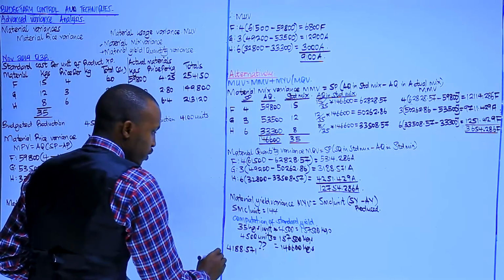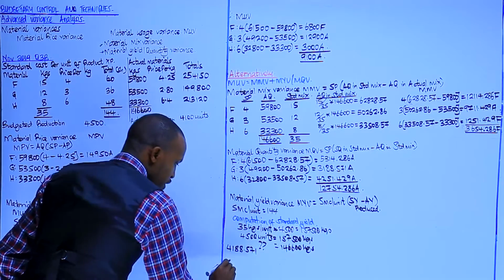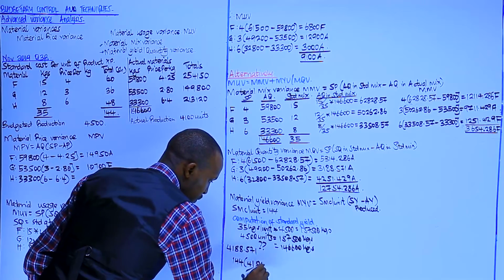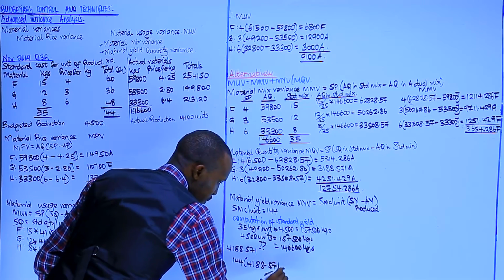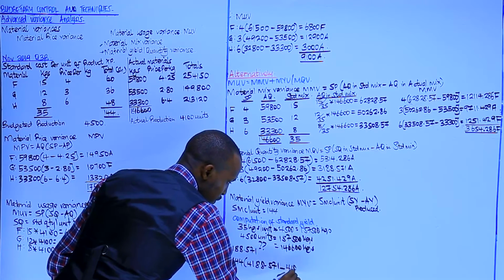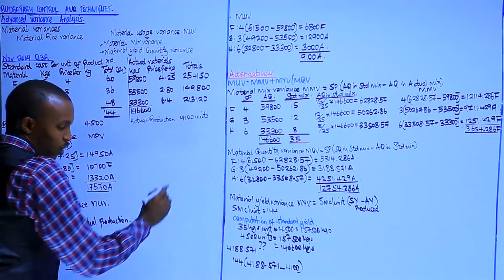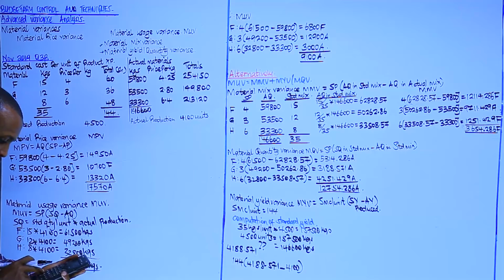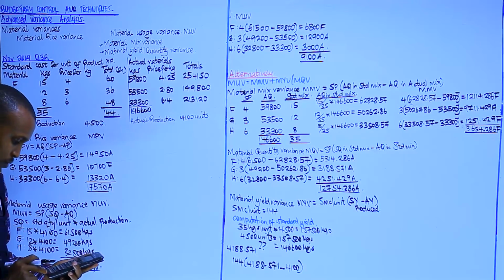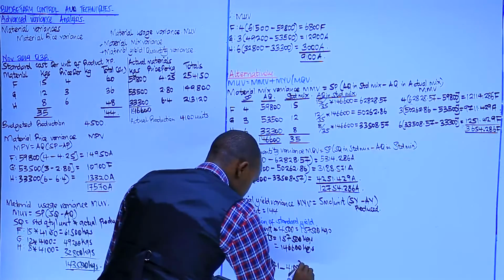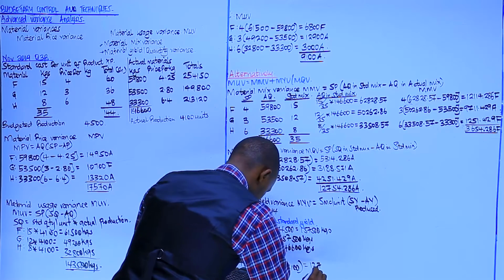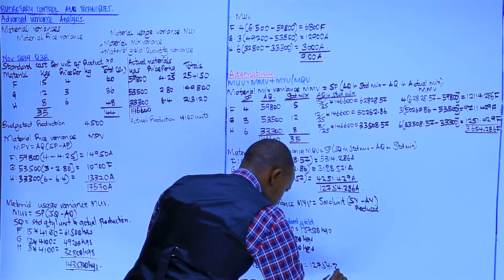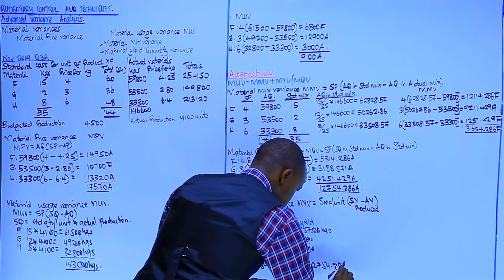Therefore, your material yield variance, you're going to say your cost per unit of 144, your standard yield per unit minus an actual yield of 4100. Your actual yield is your actual output. 12,754.286.